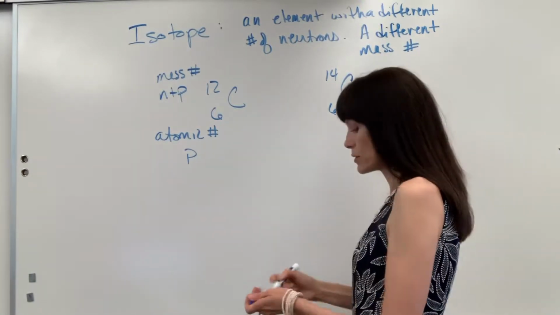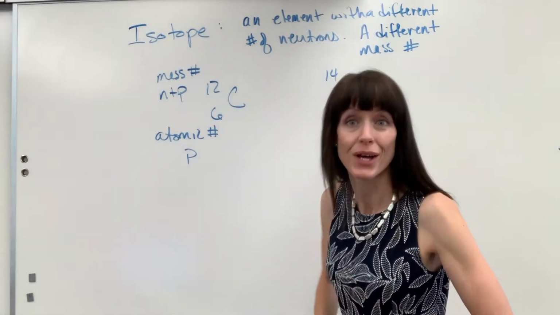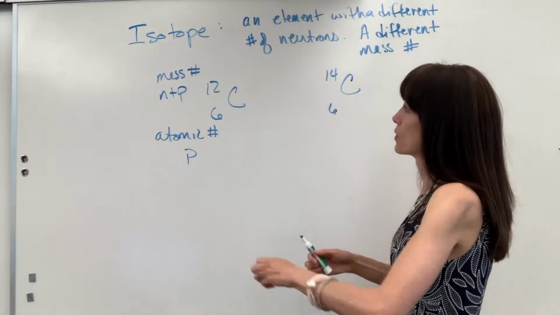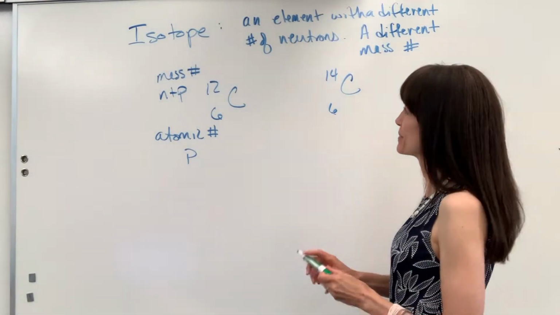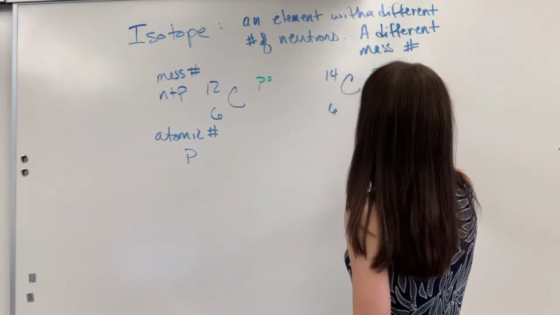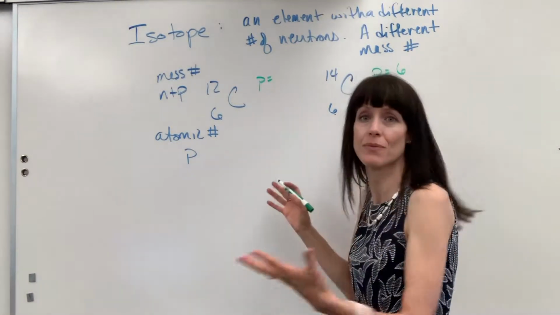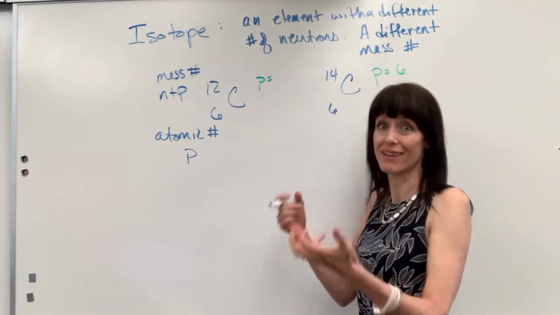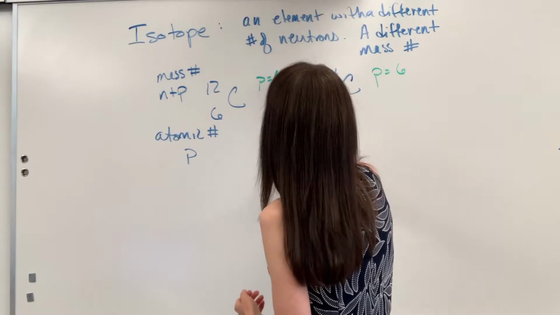So something that I will do with my students is we will count neutrons, protons, and electrons. Let's do that for these two isotopes. The number of protons, that's easy, is going to be 6. Right here, our atomic number. And carbon always has 6 protons because 6 protons defines the element. So 6 and 6.